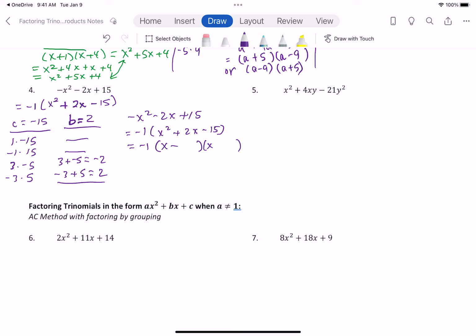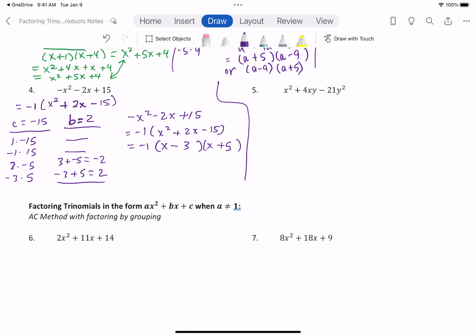So we'll have x minus 3 and x plus 5. And again, you can multiply that back out if you want to verify that you do get the original problem when you multiply out that factorization.